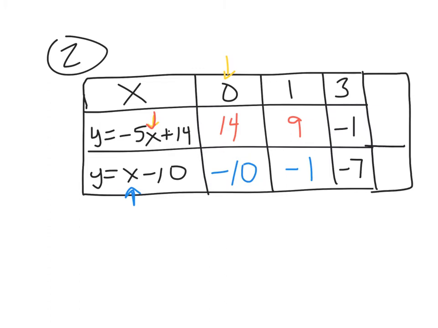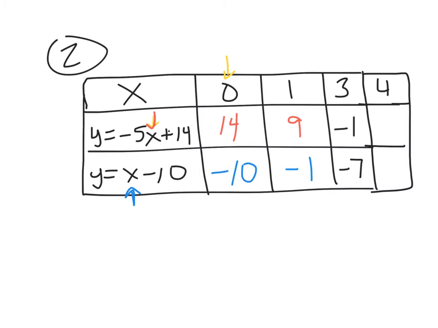This is why I don't like the tables. Let's try 4. Okay, if I plug 4 in here, I get negative 20. Negative 20 plus 14 would be a positive 7? No, a negative 7, right? My bad. Hold on. No, I can't math today.